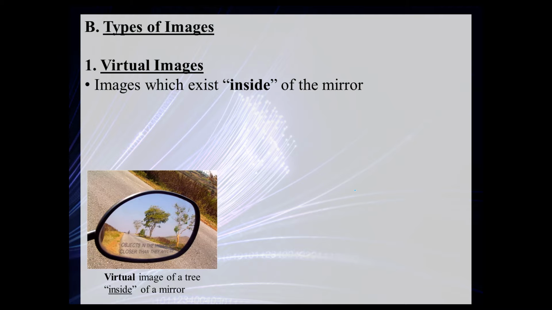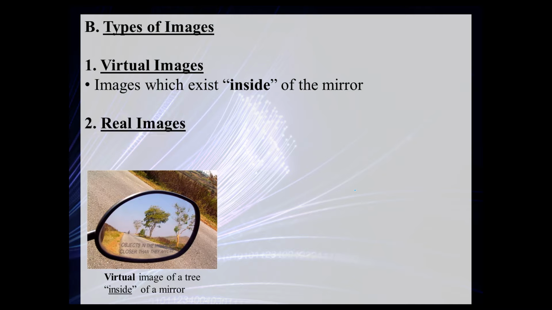And that's how we describe what a virtual image is. A virtual image is basically an image that we can see that only appears inside of a mirror. We call it virtual because we can't actually step into the mirror and go to that tree. Not in the sense of approaching it in the mirror. Obviously, in the real world, we can approach that tree, but we can't step into the mirror to do it.